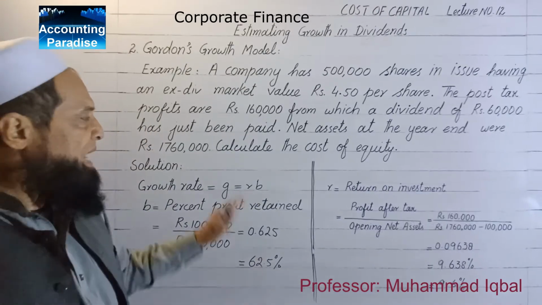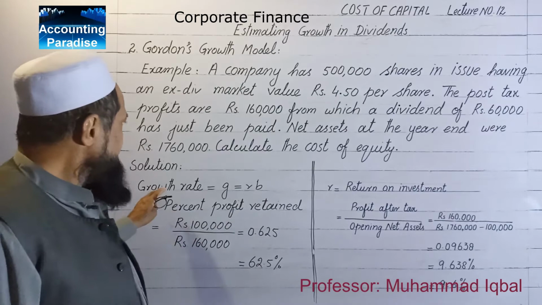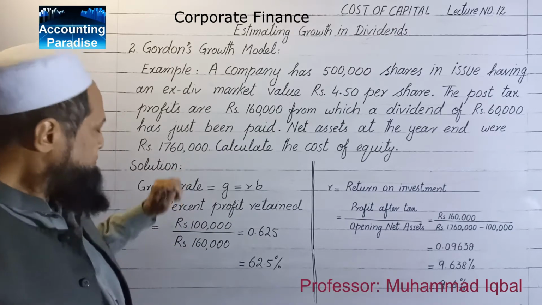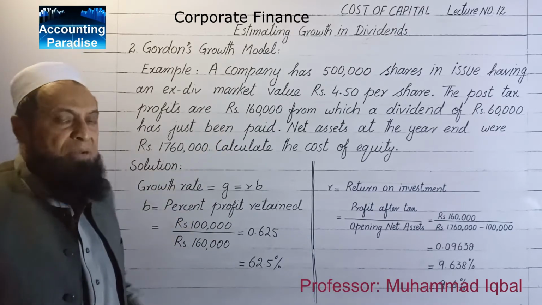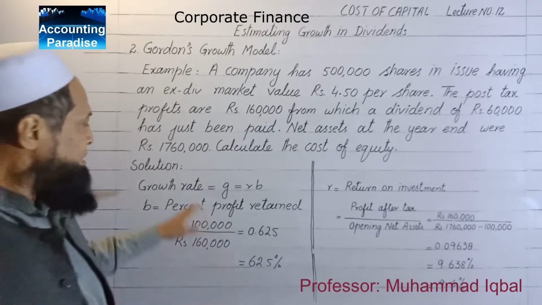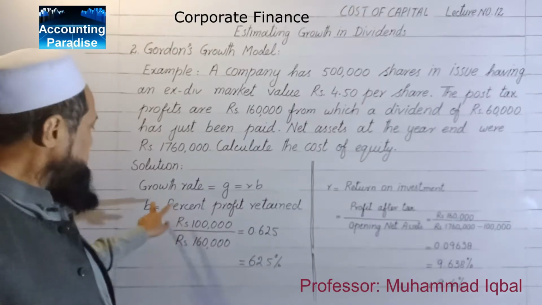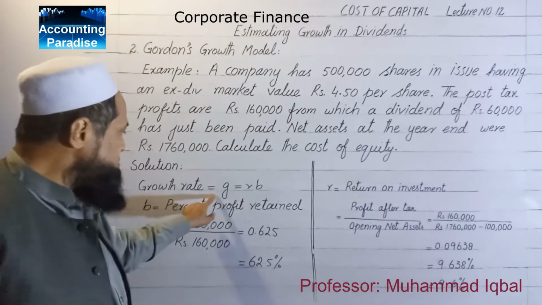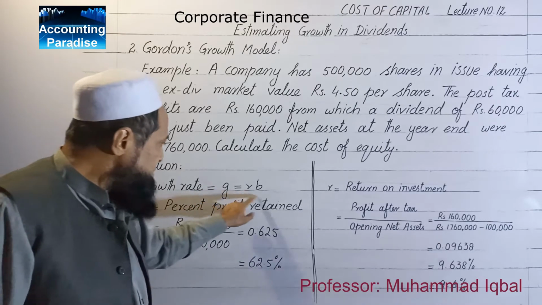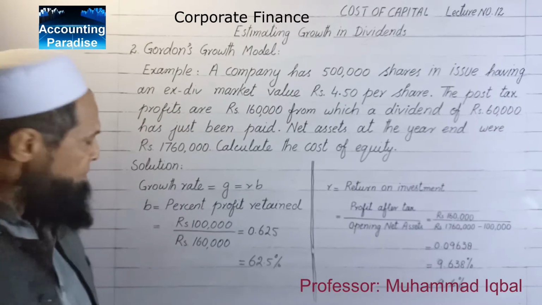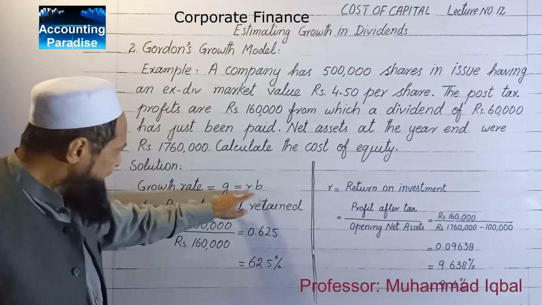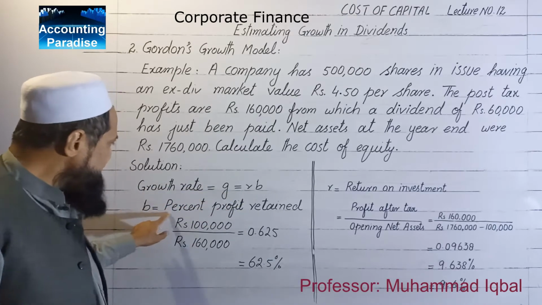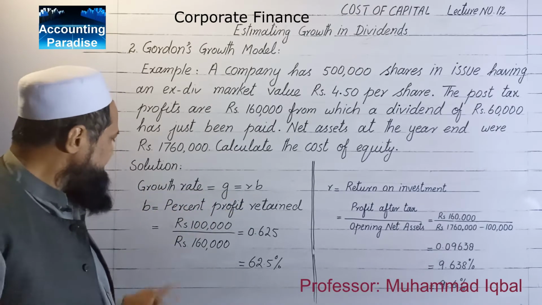Now the cost of equity is equal to... we must calculate first of all G, the growth rate. Growth rate G is equal to RB. The value of B is the percentage of profit retained.